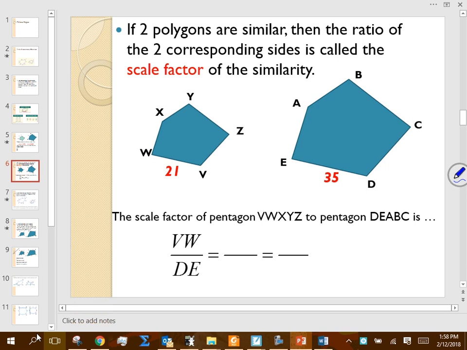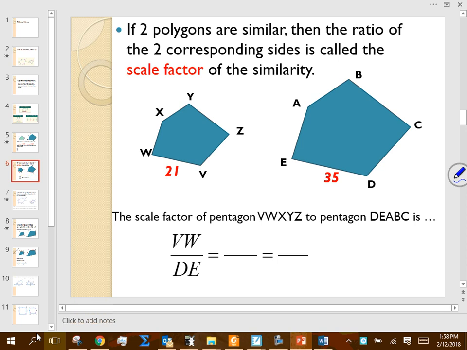In that last one, when we found everything reduced to 2/1, 2/1 is my scale factor. A lot of times to start the problem, you're only going to find the scale factor once inside your picture. But once I find all unknown values, I should be able to replicate that scale factor that many times. If I have 4 extra unknown sides, I should be able to find the scale factor 4 separate times.